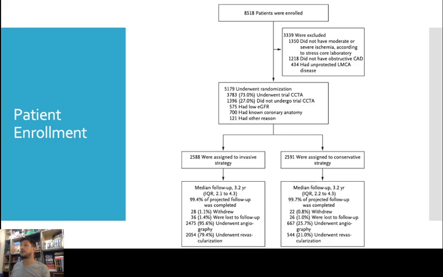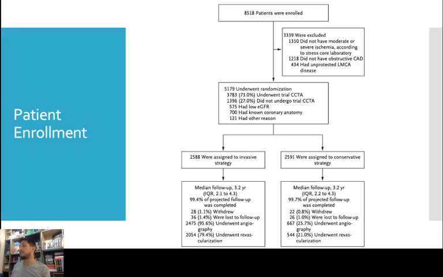So here we can observe in this chart showing patient enrollment that initially they had more than 8,000 patients, but actually more than 3,000 patients were excluded, most of them because they were not eligible for the trial.